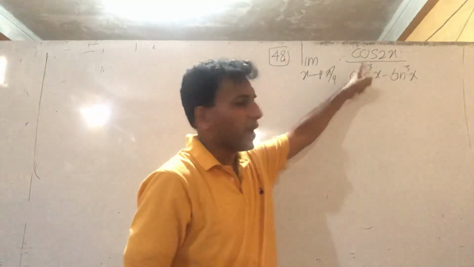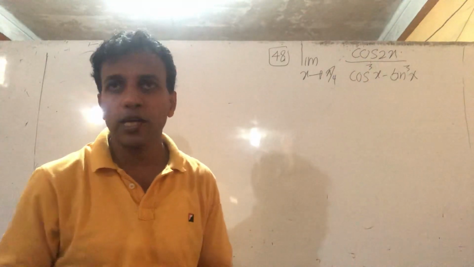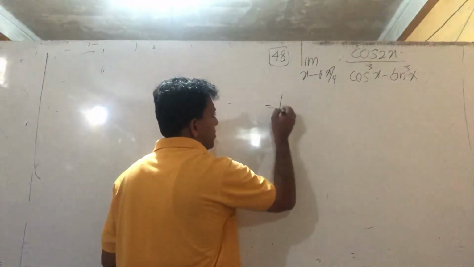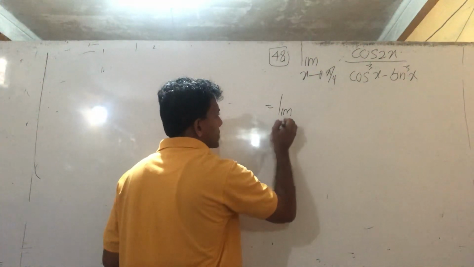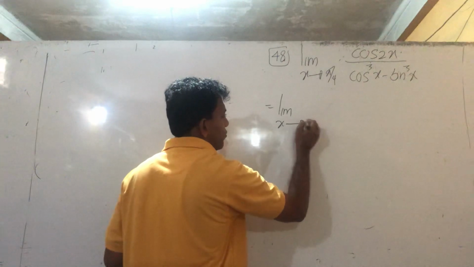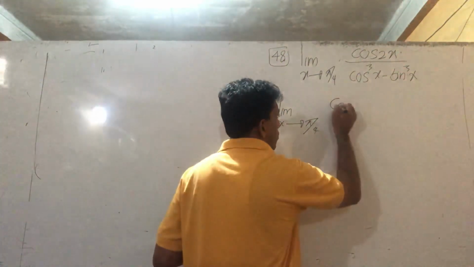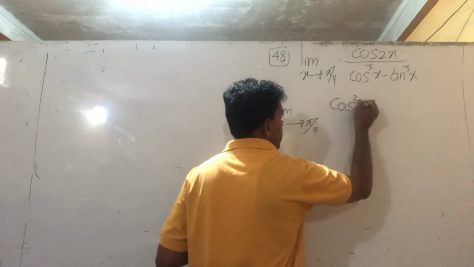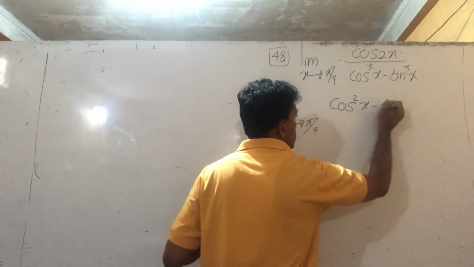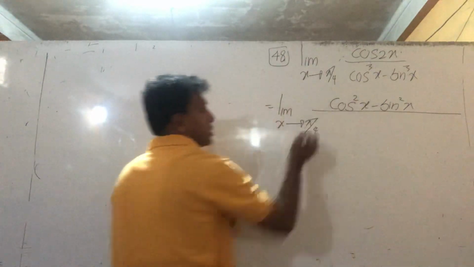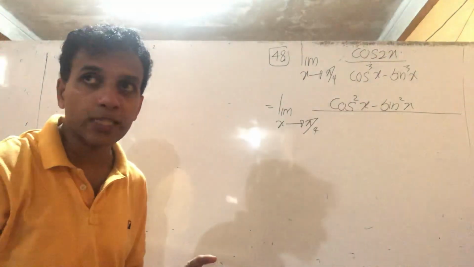Also the denominator can be factorized, a cube minus b cube pattern. So limit x approaches pi by 4 of cos square x minus sin square x over the a cube minus b cube pattern.